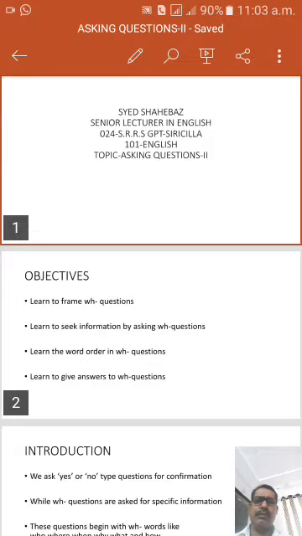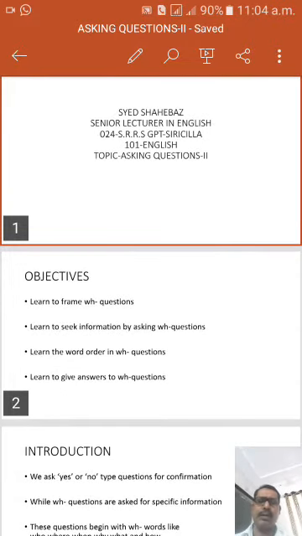Most of the time we pose questions to get confirmation or some information, and asking questions correctly with good structure will help to convey the message effectively, and in turn we get whatever information we want.